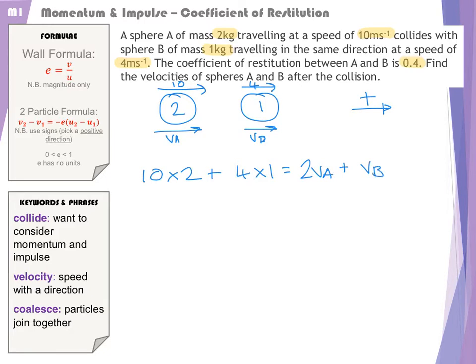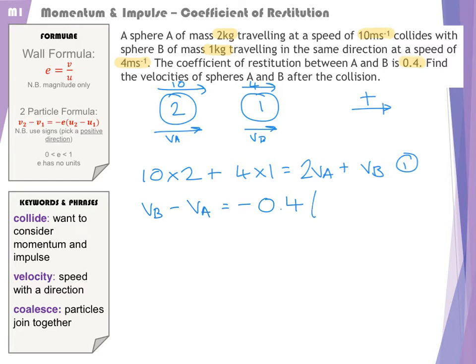We've got two unknowns in that, so we're thinking simultaneous equations, we're going to have to find another one. So our second equation comes from the coefficient of restitution. So this time we're going to do our v2 minus v1. So vB, which we don't know, so vB minus vA equals minus e, and e we know is 0.4 because it told us the coefficient of restitution in the question.